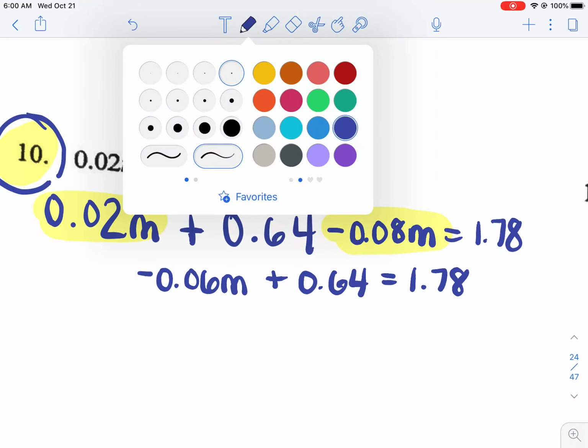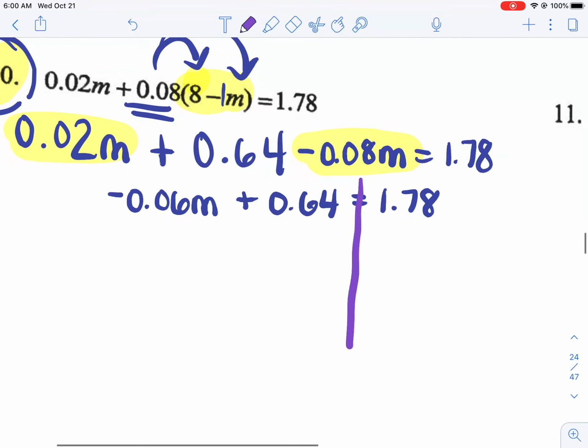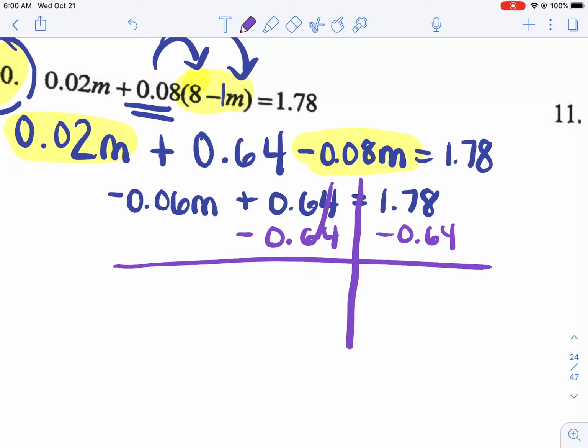So although this is ugly with all the decimals, it's just really taking your time and doing it one step at a time. I'm going to take away the 0.64 on both sides. Okay, so let's do 1.78 minus 0.64.